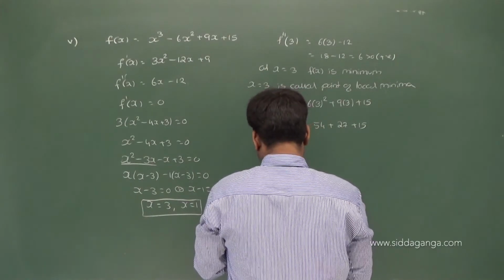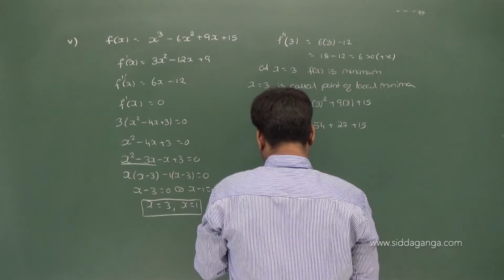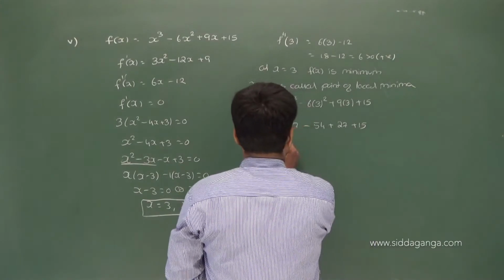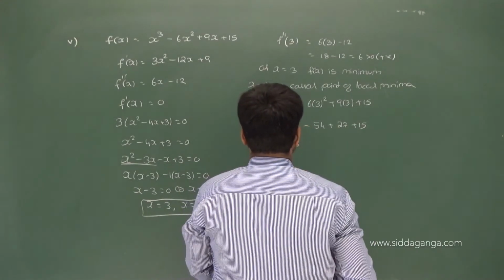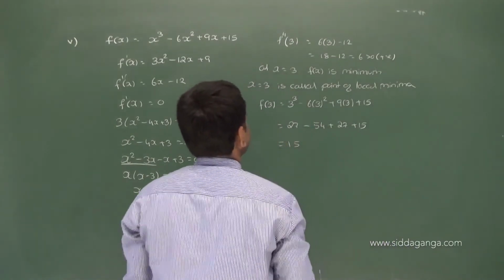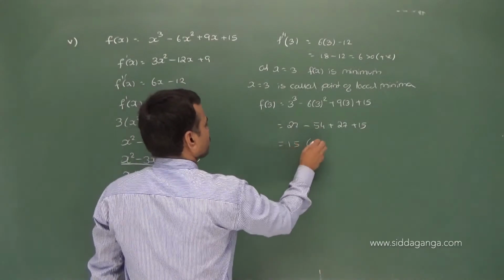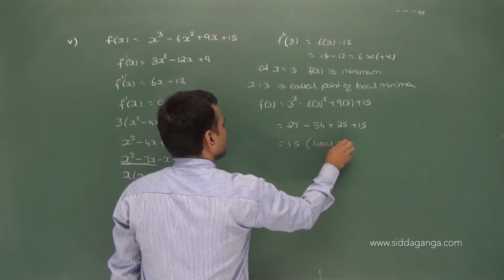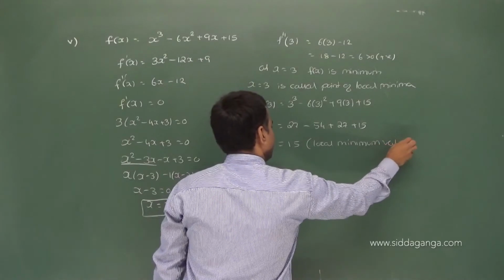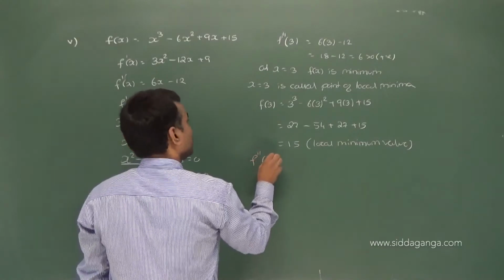I think it is 15. It is 15. This is the local minimum value. So next, f double dash of 1.